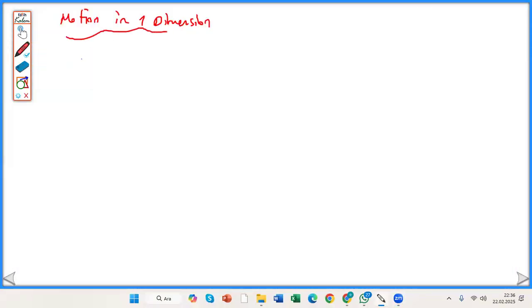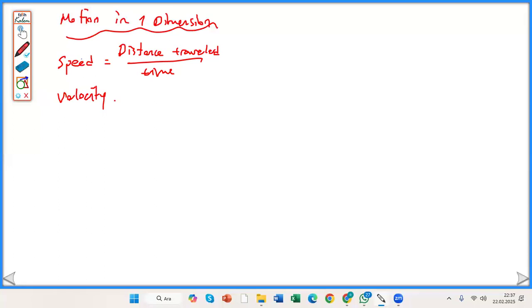Okay, let's look at the motion in one dimension. As you remember, for the first time there are some important terms, for instance speed and velocity. The difference between speed and velocity: speed is distance traveled over time, and velocity is the displacement over time.